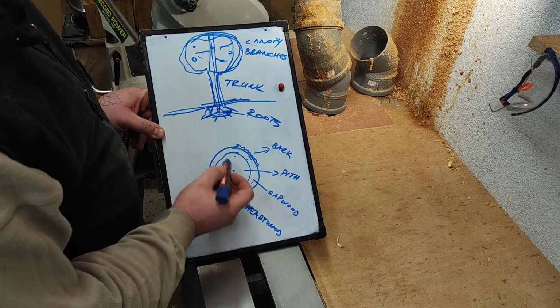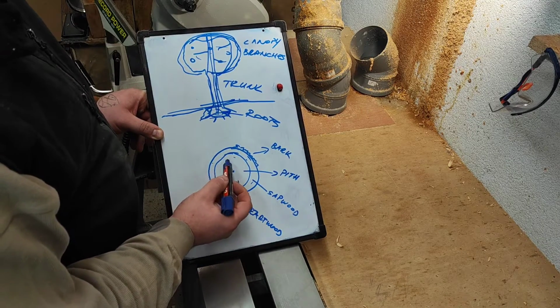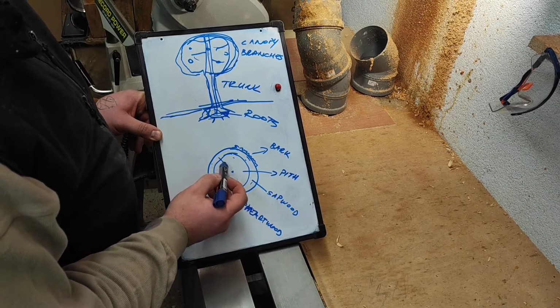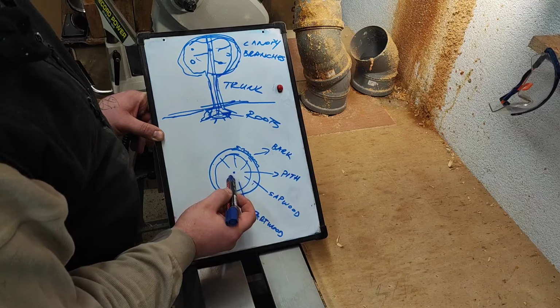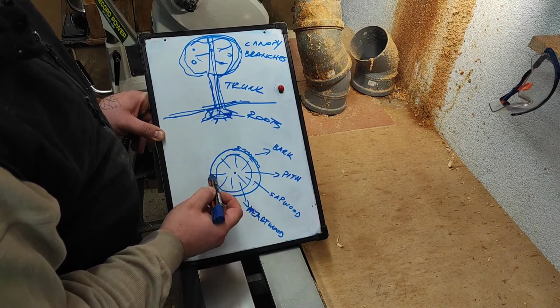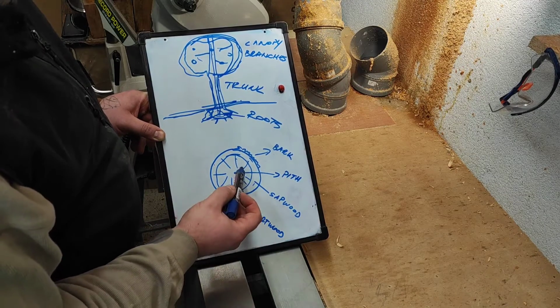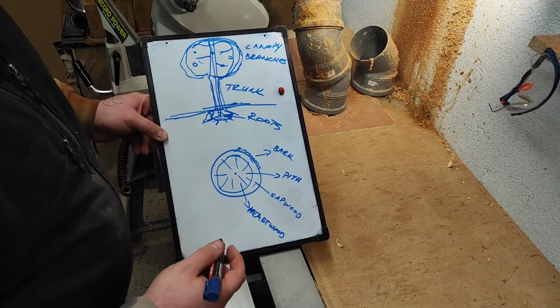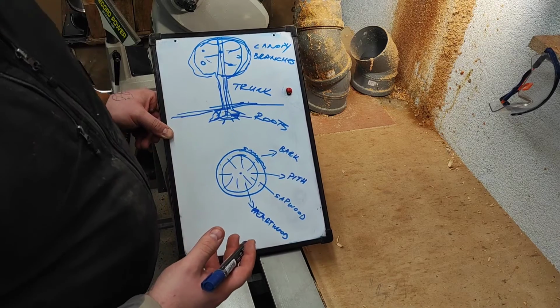Another part which is quite useful to know is medullary rays, which usually emanate from the pith, like so, and they are most visible, or most common, on oak.